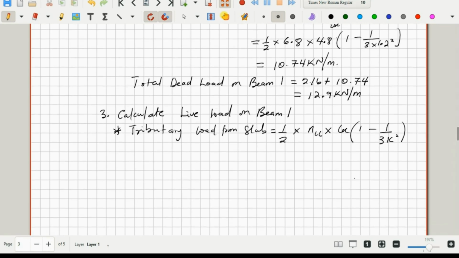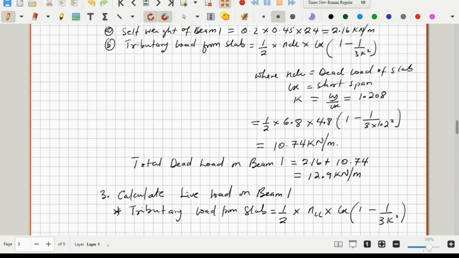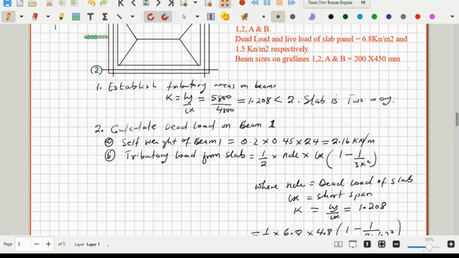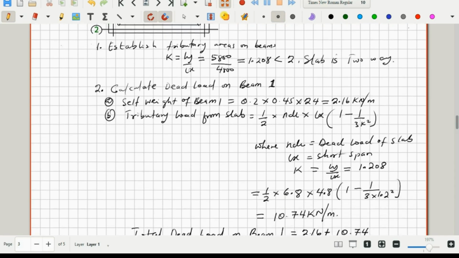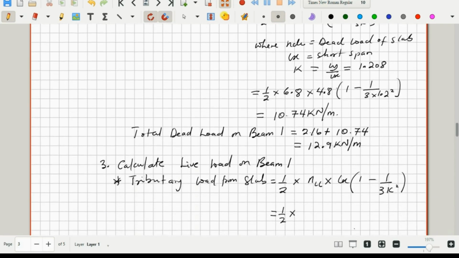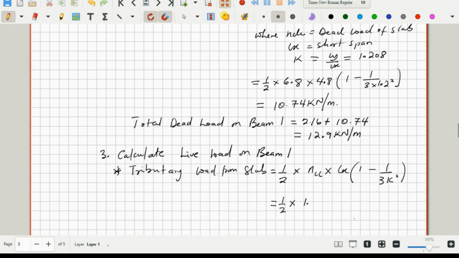So if we slot in the values, we'll have 1 over 2 multiplied by NLL. So from our parameters, the live load is 1.5 kilonewton per square meter. So multiplied by 1.5, our short span is 4.8 into bracket 1 minus 1 over 3K squared.